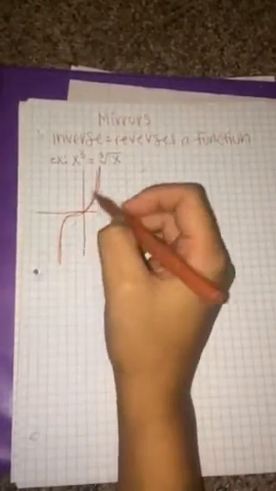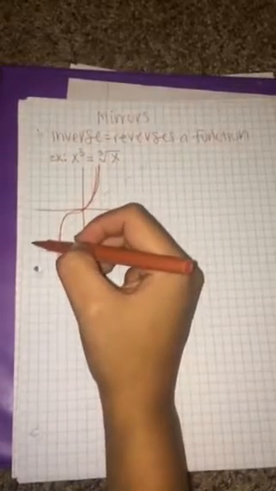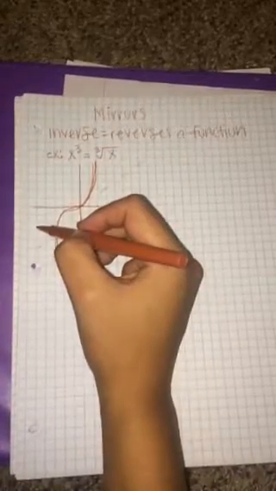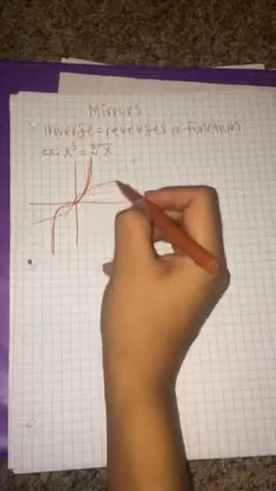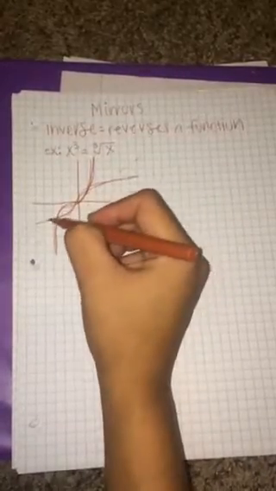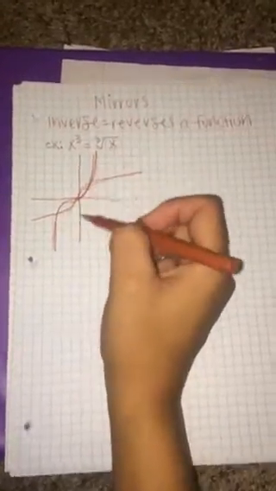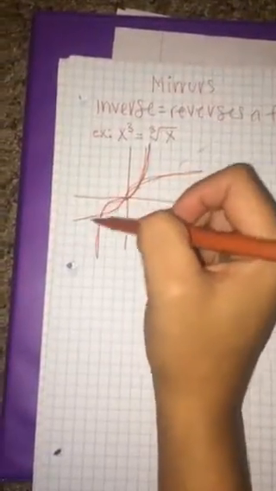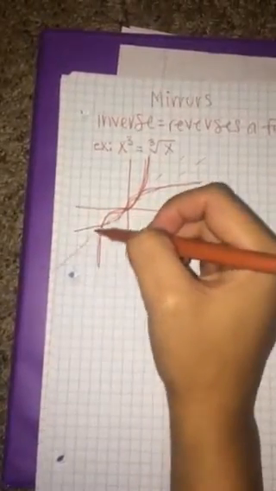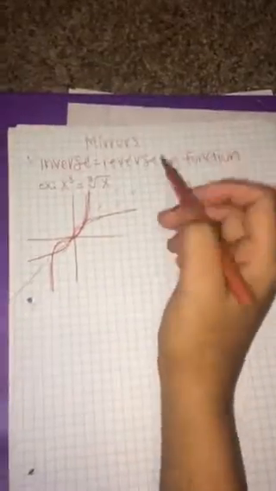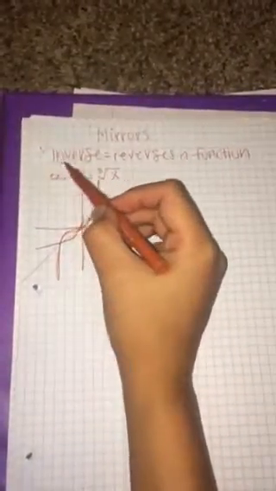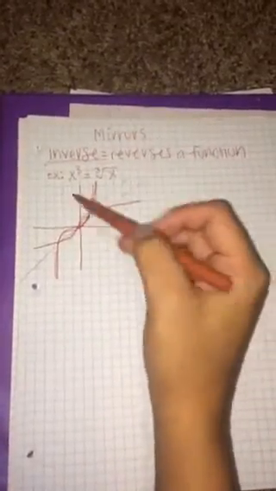And that this one would be something like this. And I know it might be hard to see the difference, but you do see that when we draw the line in the middle, I drew mine a little bit crooked, but look, if we draw it exactly in the middle, we see that it is mirrored on both sides. So that's how we get our inverse function. We see that it mirrors it on both sides.